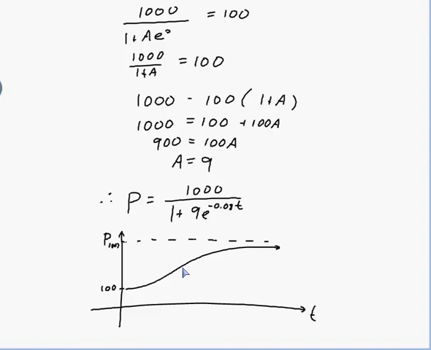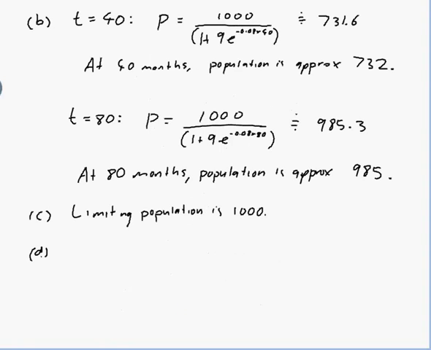Oh, that looks about right. The steeper slope seems to be there. I can believe that. So most rapid growth occurs when P is equal to L/2, which is 1000/2, which is equal to 500.